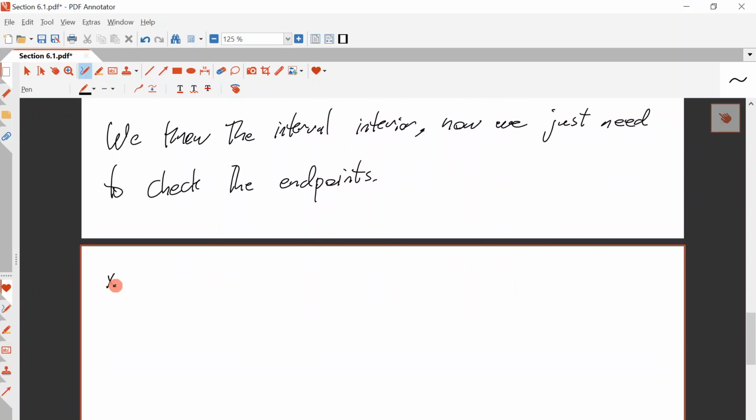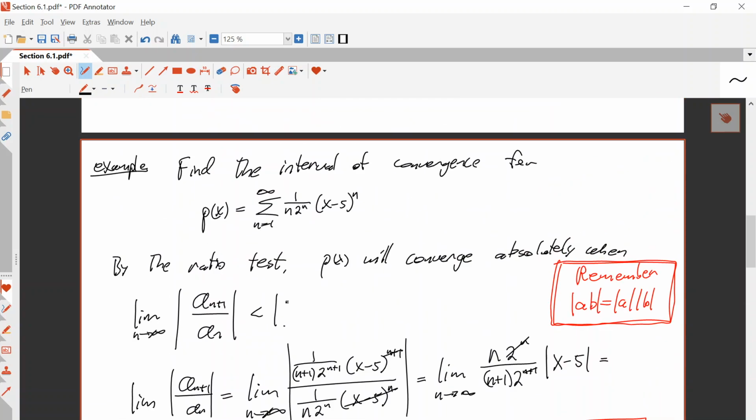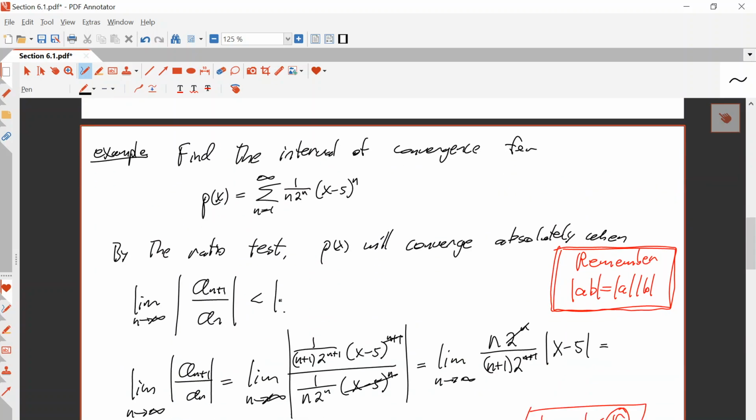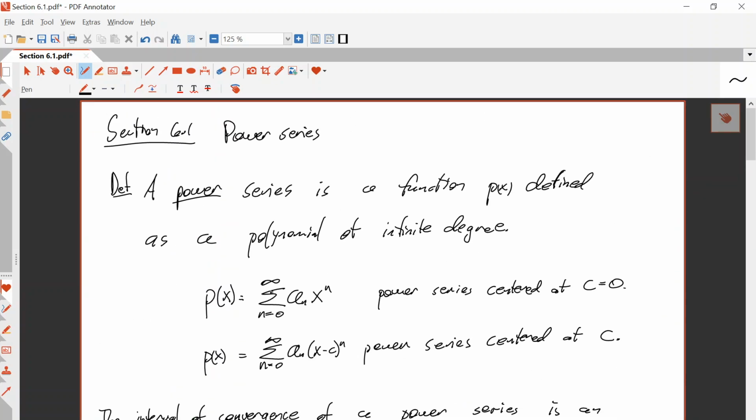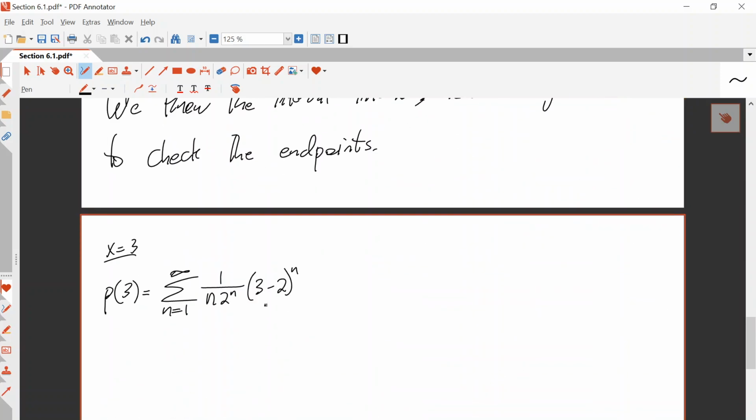Well, let's check x equal to 3. P of 3 is the sum n equals 1 to infinity of 1 over n times 2 to the n, times 3 minus 5 to the n. What was the original function? 3 minus 5 to the n.